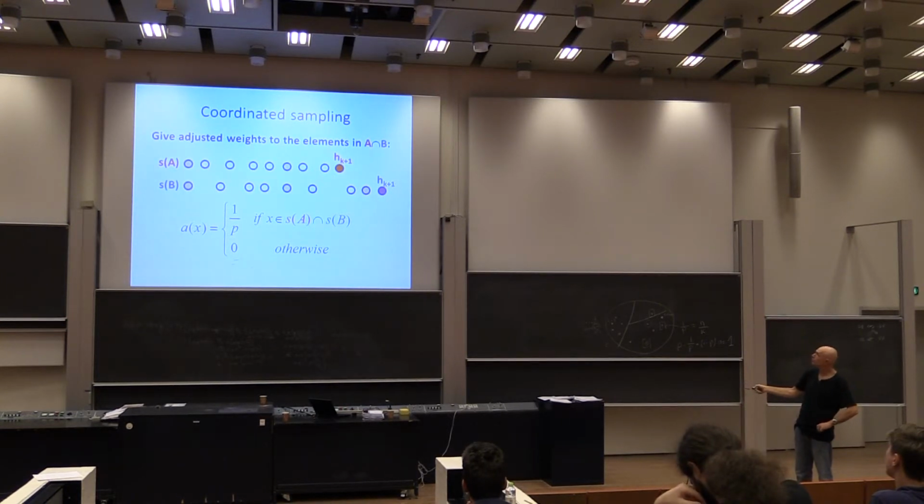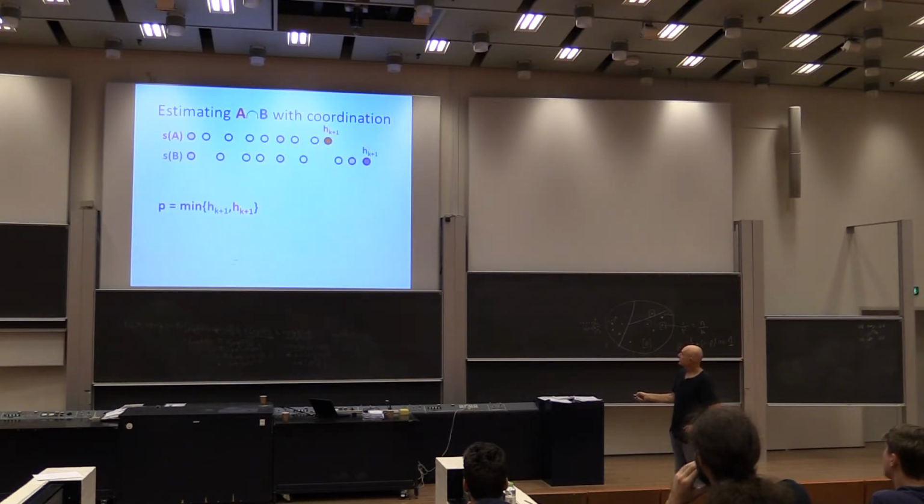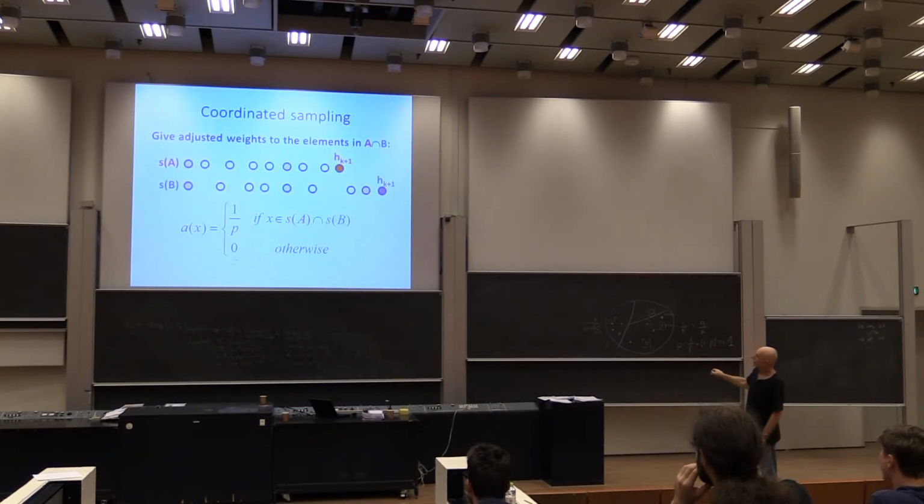So if this is 0.6 and this is 0.8, X would be in the sample with probability 0.6, the smaller of these two. So basically, P is going to be the minimum of these, as you said, and the adjusted weight is going to be, the final estimator, I'm just going to do something like that.